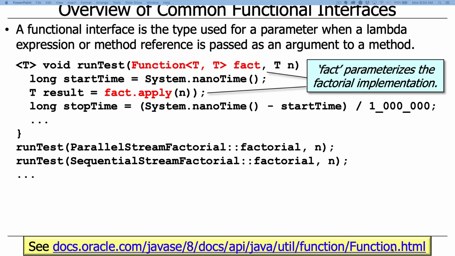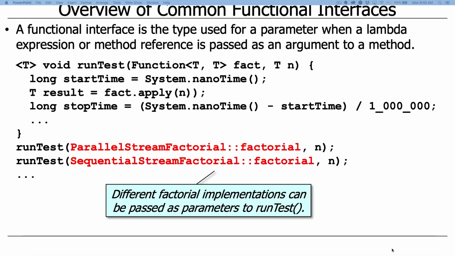We're going to pass in a function that will be parameterizable relative to whatever factorial implementation we're trying to do. So we pass in this behavioral parameterized object, and we record the start time, and then we say fact.apply, passing in whatever n is, and then however long that takes, we'll record that and print the result.